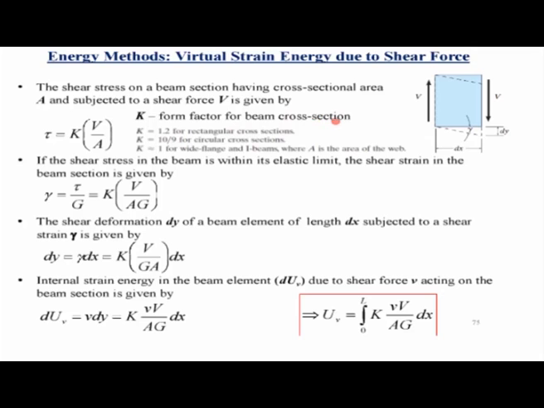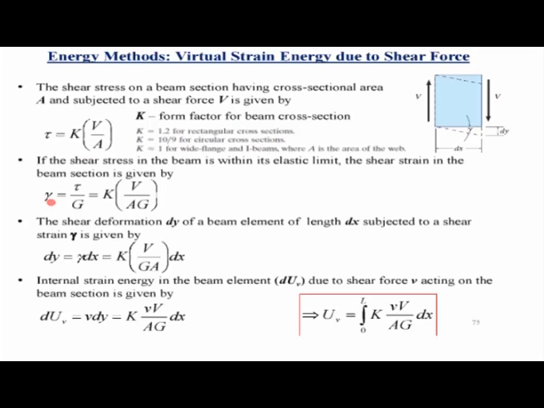K is called a form factor, which depends on the beam cross section, and we have given you some standard values of K that you can use for typical cross sections. For a rectangular cross section, you can use 1.2. For a circular cross section, you can use 10/9. If you have an I beam, then you can use K equal to 1, but in that case, remember, this A is usually taken as the area of the web.